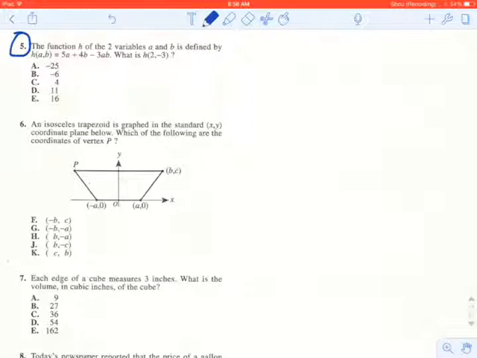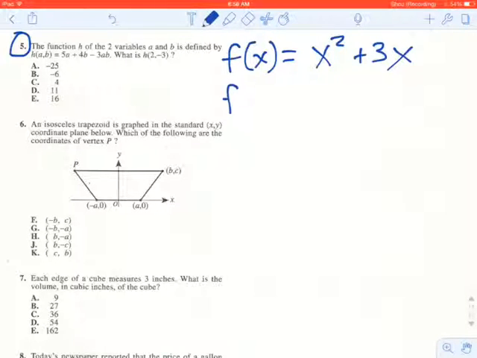So if you've learned this before, it's probably been in the context of f of x equals, let's say, x squared plus 3x. So then if we have f of 3, all that you're doing is replacing your x's with 3, right? So here we have x, and now we have 3.